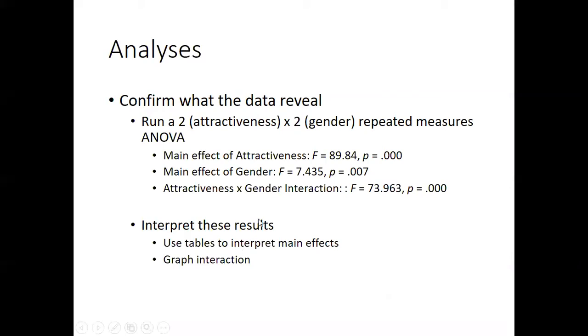But just so you know, the 2x2, remember when we talked about complex designs, the first 2 is our first independent variable, attractiveness, which has 2 levels. By 2, our second independent variable, gender, also has 2 levels. They're repeated measures because every participant rates every one of the pictures.